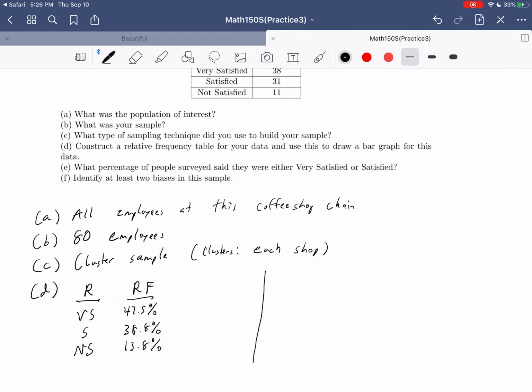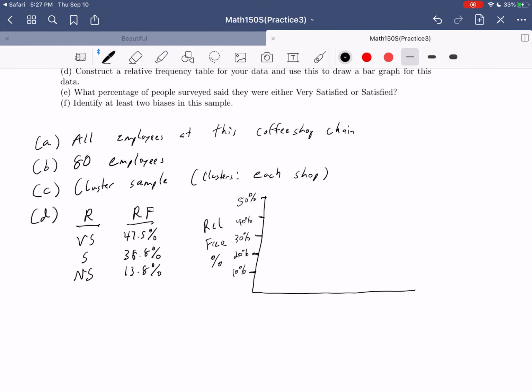We can go ahead and construct a bar graph for that. We'll put the relative frequency here in percent. We can go 10, 20, 30, 40, 50%. I've got to have a consistent axis here. Then remember, for a bar graph, the bars should not touch.